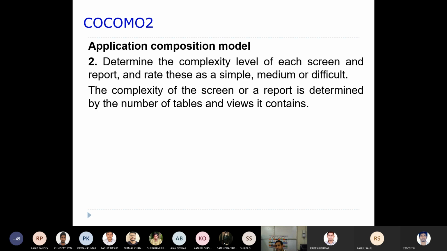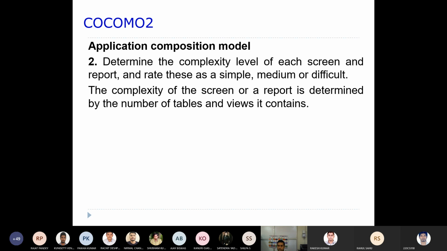Let's say for one screen you need 2 views, or you require 2 different tables as part of a particular report, or a screen where you want to give the data in table format. Considering these numbers of views and tables, the complexity will be decided.